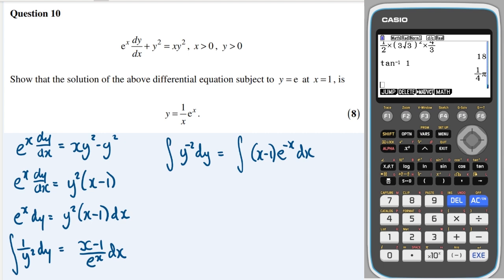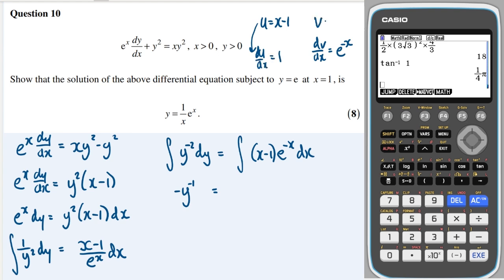Okay, so now integrating the left-hand side, we're going to up the power by 1, and then divide by the new power. And over here we're going to do integration by parts. So I'm going to let u equal x minus 1, and I'm going to let dv by dx equal e to the minus x. I'm going to differentiate this one to get du by dx is equal to 1.